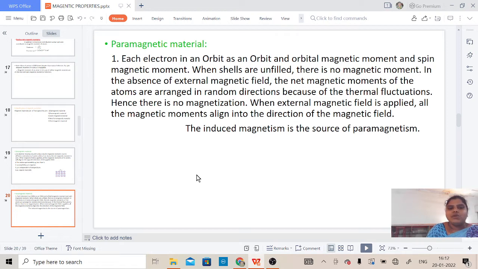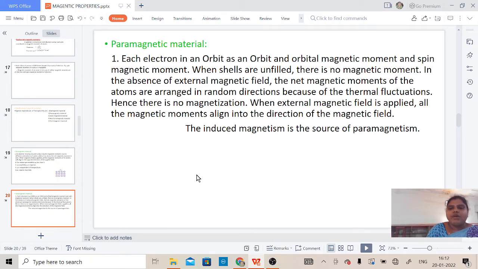In the absence of an external magnetic field, the magnetic moments of the atoms are arranged in random directions because of thermal fluctuations. Hence, there is no magnetization. When an external magnetic field is applied, all the magnetic moments align in the direction of the field. So the induced magnetism is the source of paramagnetism.